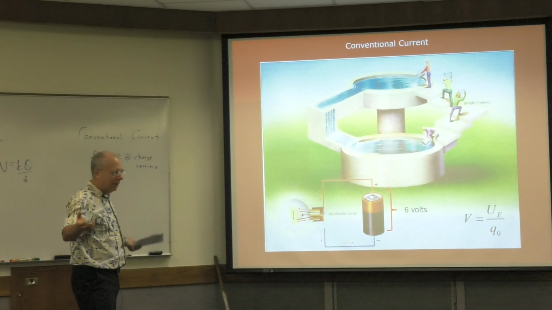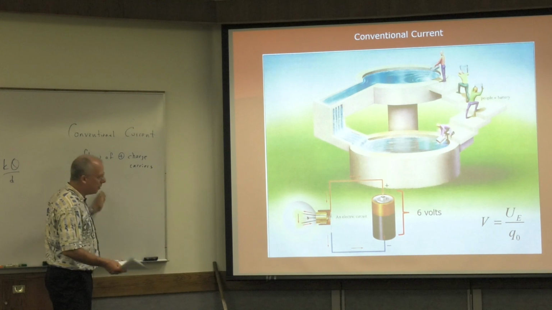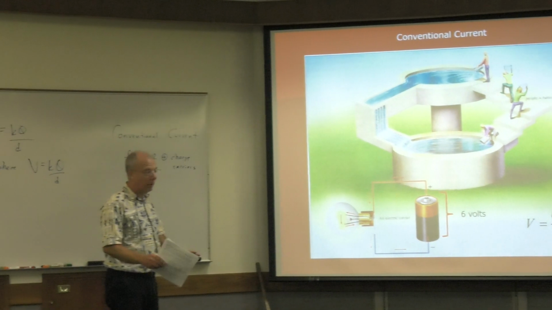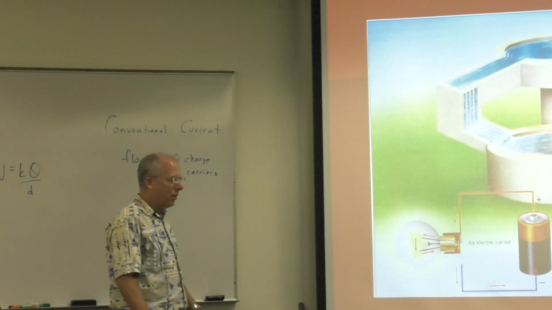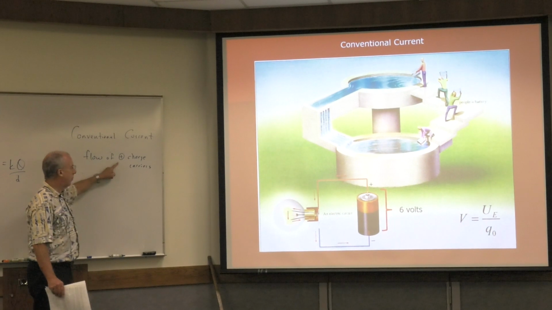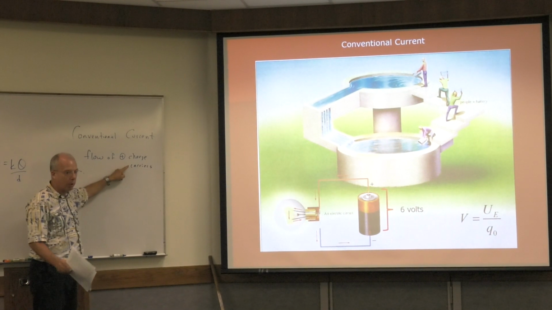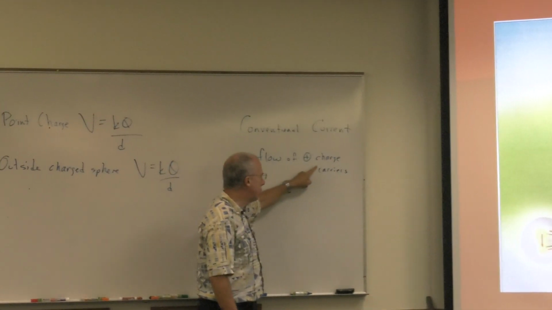Who cares? We're just going to always say that conventional current is the flow of positive charge carriers. You'll see soon that it makes the math nice because you don't have minus signs. But it's total garbage, but we don't lie, right? I don't say it's a flow of protons because that would be a pure lie, because protons don't flow through a conductor. I say it's the flow of positive charge carriers.